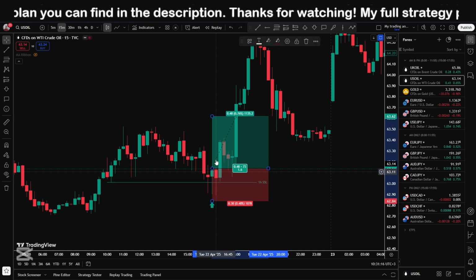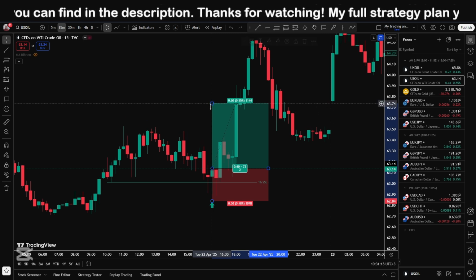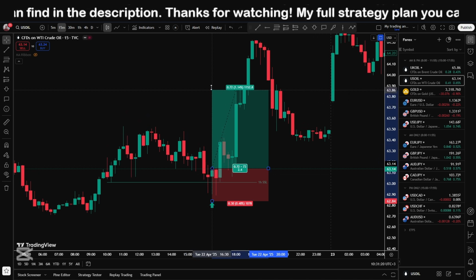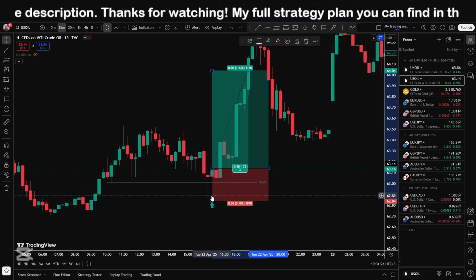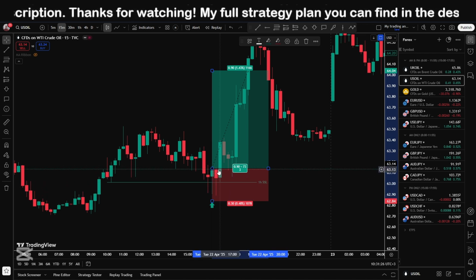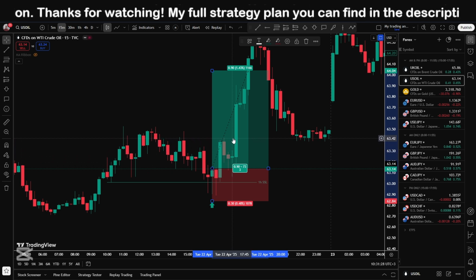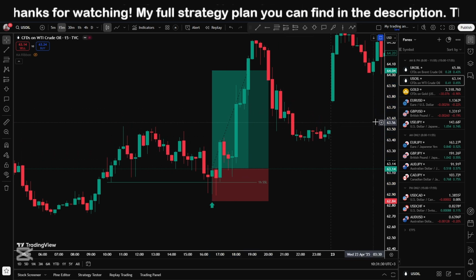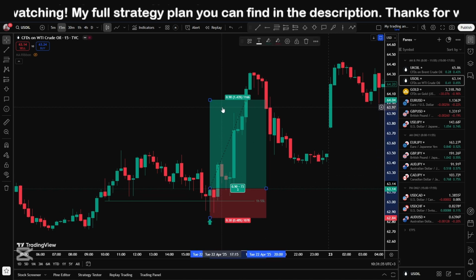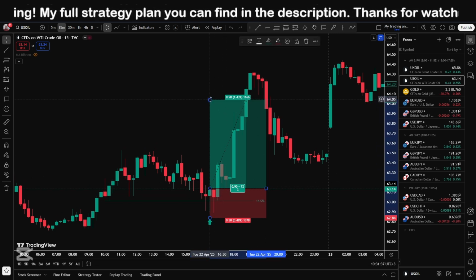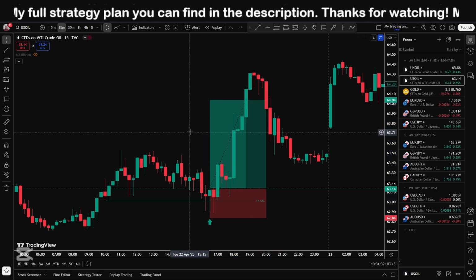So in that case 30 points is okay. You can see how the price goes against us for a little bit, and then in the next minutes and hours price reaches our target of 3 reward.